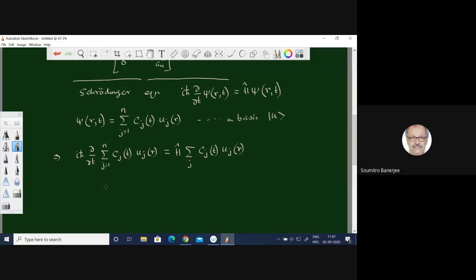Before proceeding, I would like to express this in terms of the kets. So this is nothing but i h cross del t, sum over j equal to 1 to n, Cj(t) times the ket. In the ket we don't write what it is a function of.